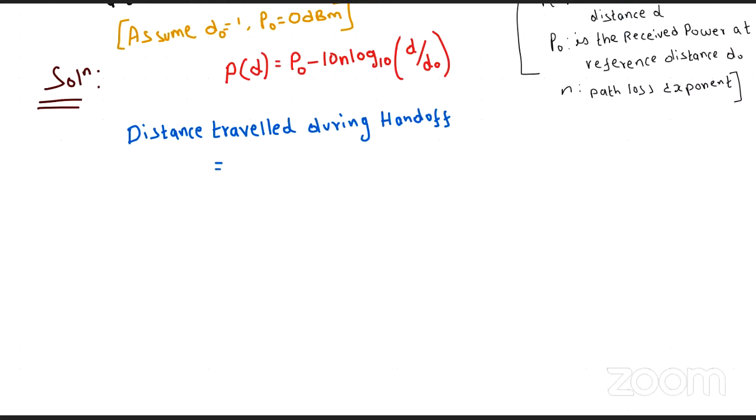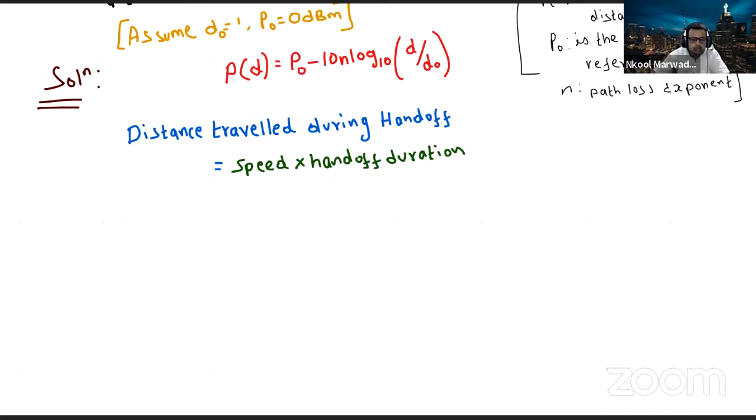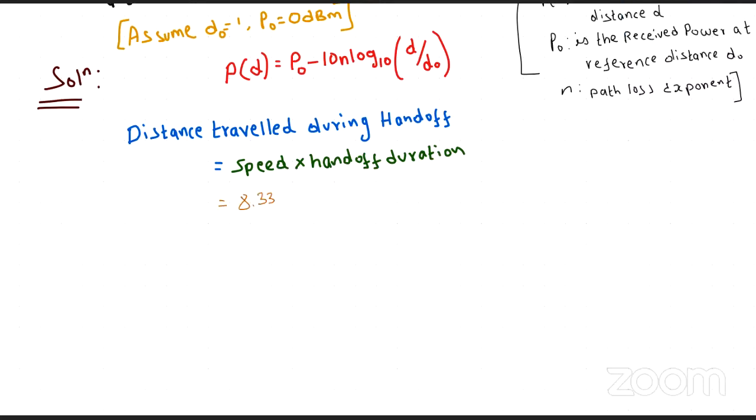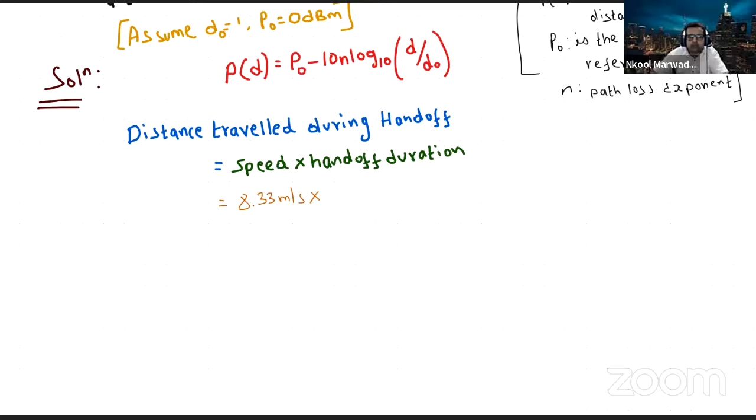So the speed will become 8.33 meters per second, that is 100 by 12. 100 into 5, 500 by 12, into 5 seconds.